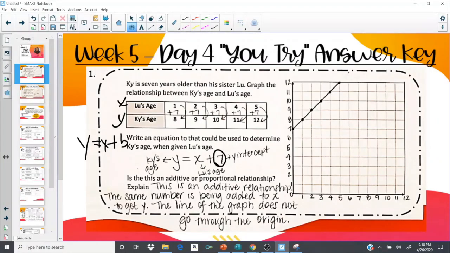And then to graph 5, 12, start at the origin, move 5 places to the right, and up 12 units. After that, connect your dots and create your line. So this line here represents the relationship, the same relationship represented in the table and the equation.